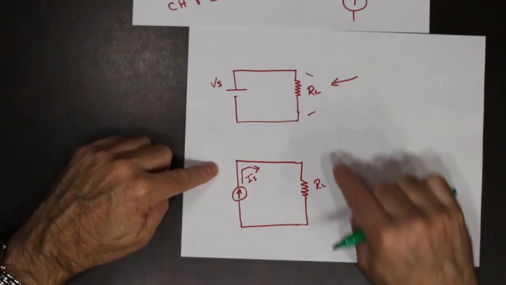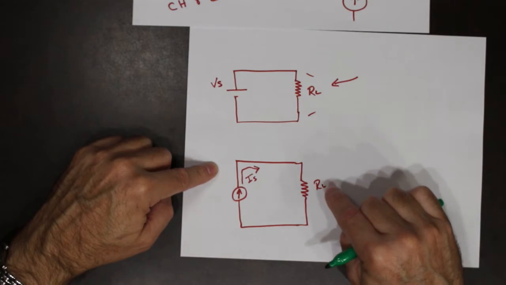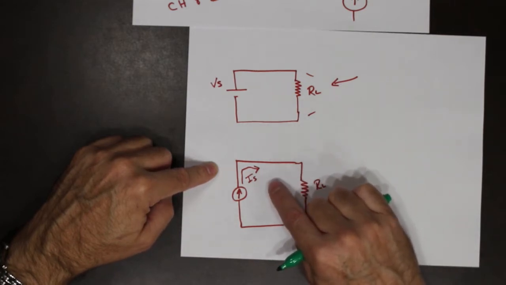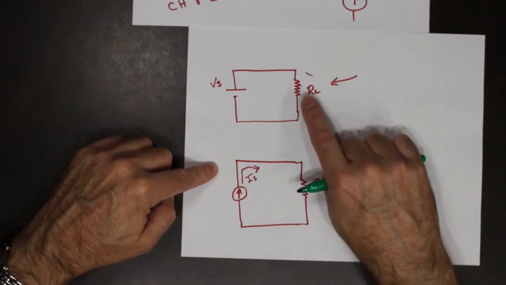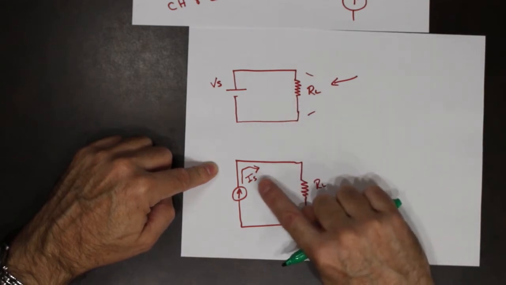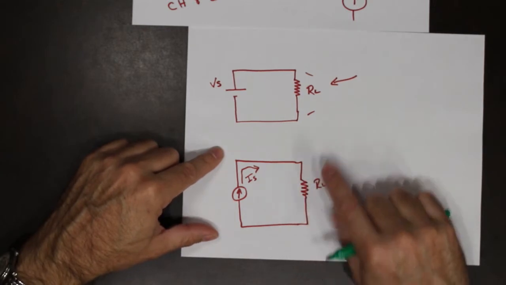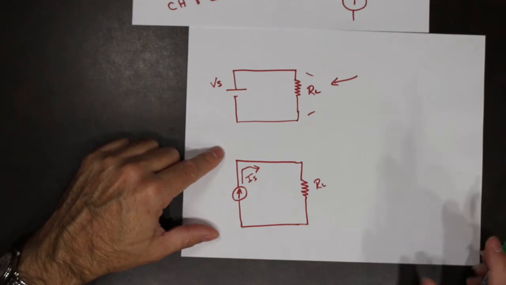In a constant current source, the current supplied to the load will remain constant even though the load changes. So here the voltage remains constant in a voltage supply. Here the current remains constant in a current supply, even though I might vary the load condition.